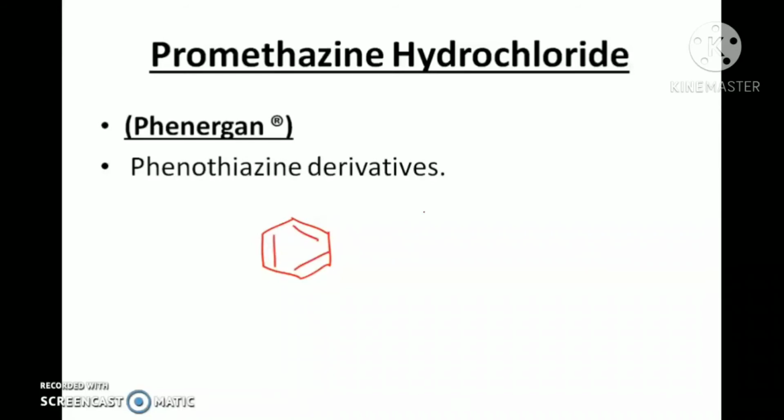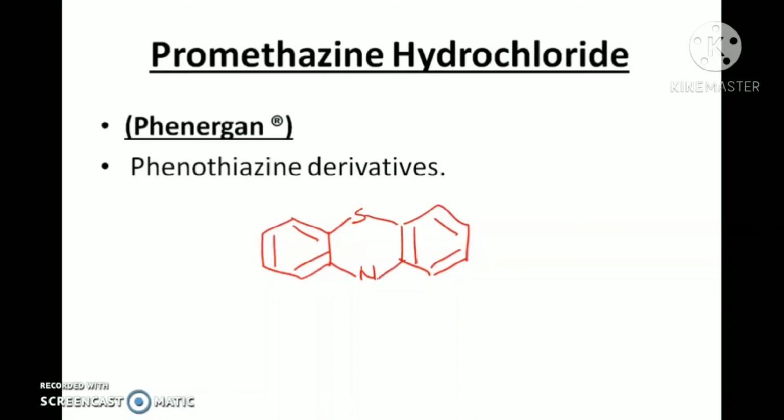Phenothiazine is a tricyclic compound. It contains 2 benzene rings joined or connected by a sulfur atom and a nitrogen atom. So you can see that there is a central ring that contains a sulfur and nitrogen atom, and then on the sides of it you have two benzene rings.